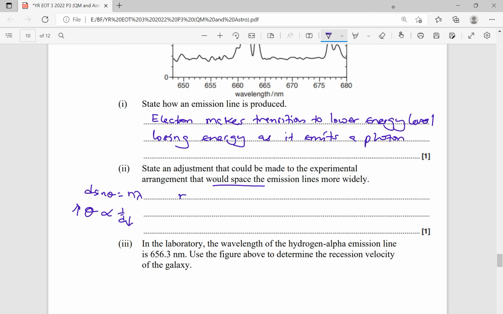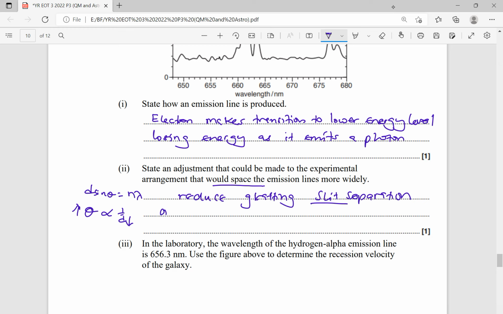So therefore, we have to reduce the grating slit separation, or alternatively, we could increase the distance between the grating and the screen. Of course, when the screen moves away from the grating, the lines move further apart, the angle increases.